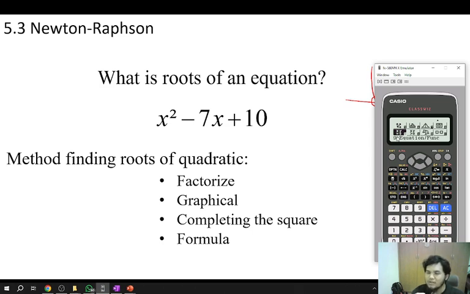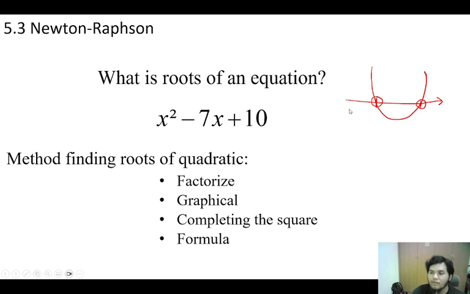You need to know that if the answer is a whole number, we can factorize. But if the answer is in decimal points, or even an imaginary number, you cannot use factorization. So you have to use either the formula or completing the square. That's what I wanted to share about the roots of a quadratic equation.